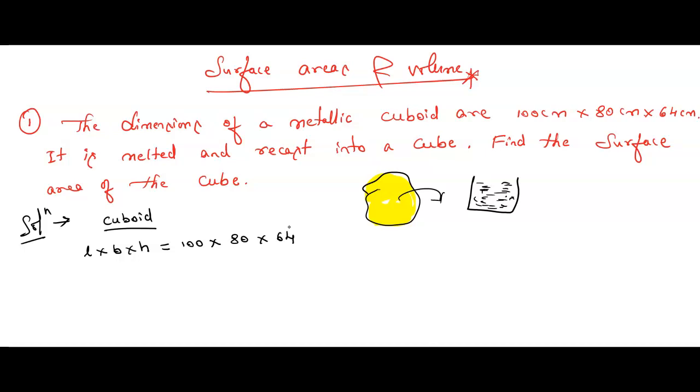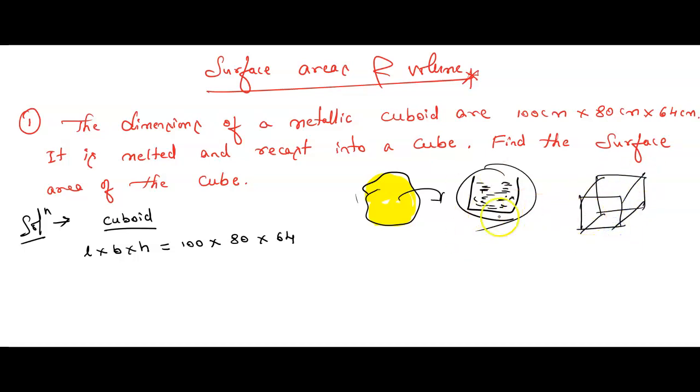If you are collecting that liquid, it is nothing but volume. Remember, which formula you have to use? Volume. Now we are collecting this liquid into one container, that is volume. By using that amount of material from the cuboid, I will make the shape of a cube. Understood?